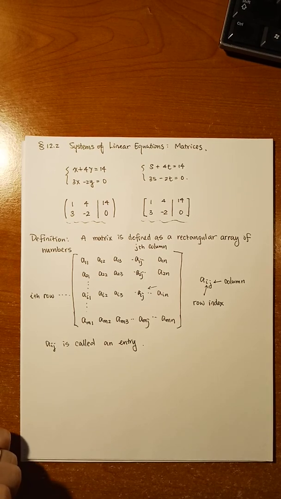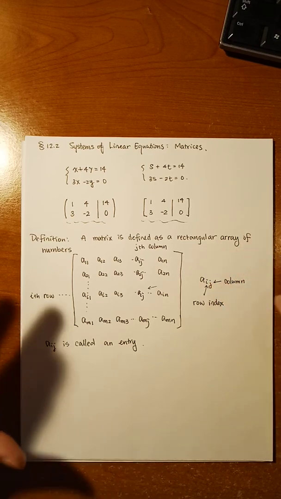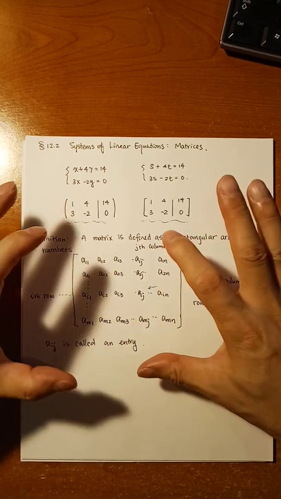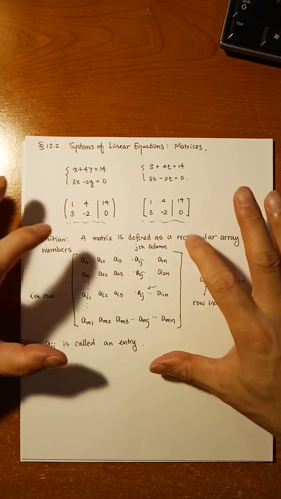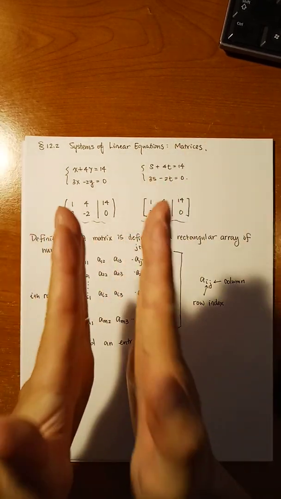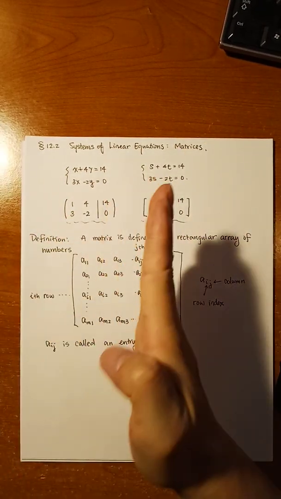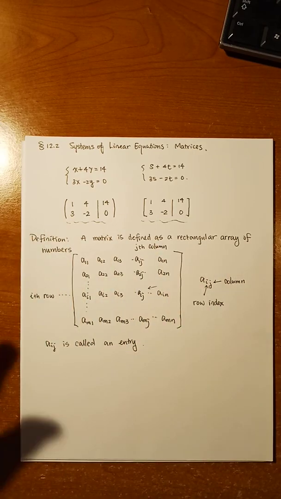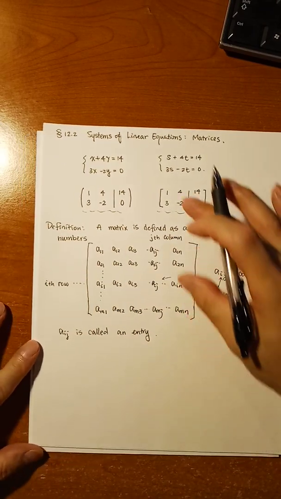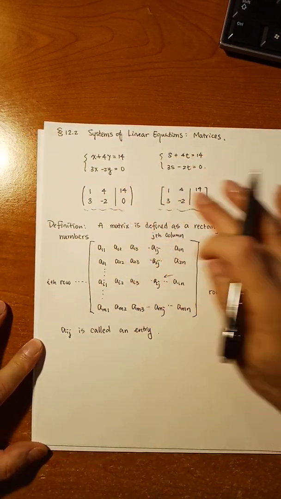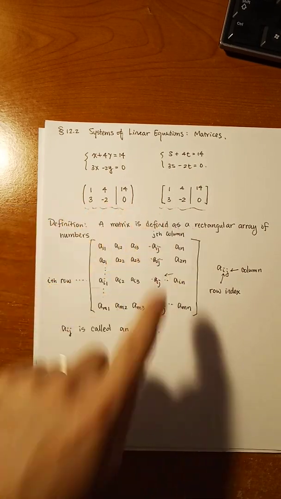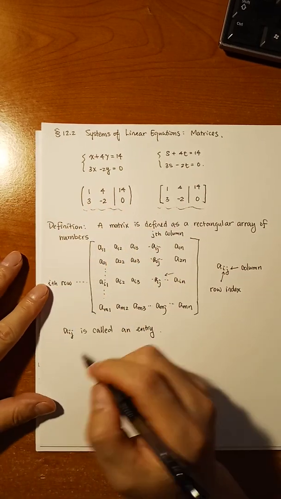Okay? So this is a matrix. You just put a rectangular array here in order, and you will have a row, you have a column. Row and a column. Okay? So this is a generalization of those matrices. Okay.